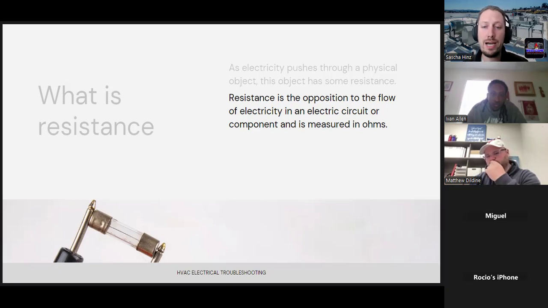But even if you have, for example, copper on a coil, there is still inherent resistance. As you can see on a contactor, you have the coil. When you put your meter on it and you measure resistance, you still get like 5, 8, 10, 12, 15 ohms, whatever you're measuring. So there's always some form of resistance to your electricity.